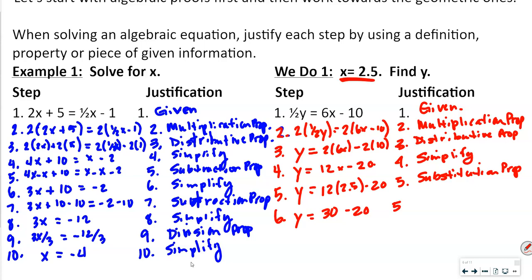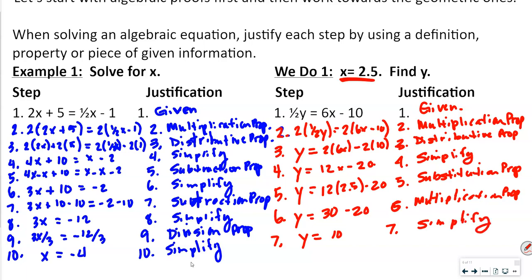So this was the multiplication property. Sorry, step 6, multiplication. Okay. Step 7, we're just going to subtract the 20 from the 30, right? So y is equal to 10. So that is simplify, okay?